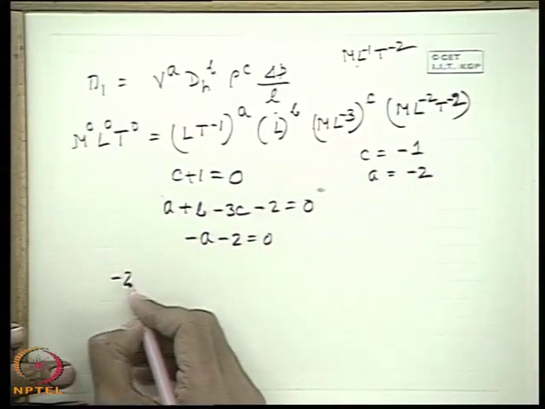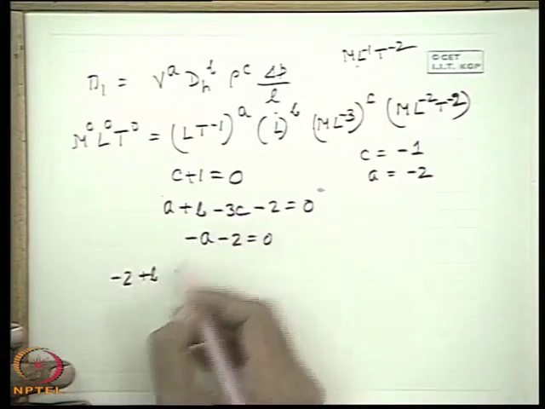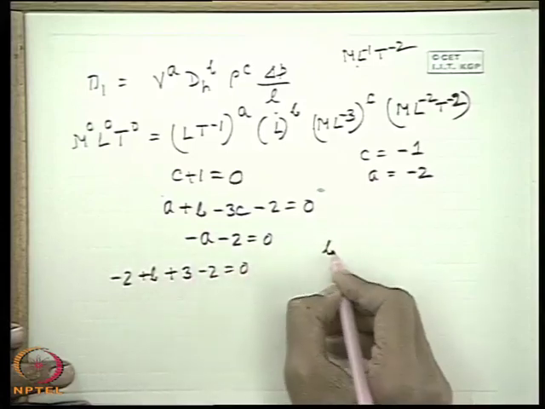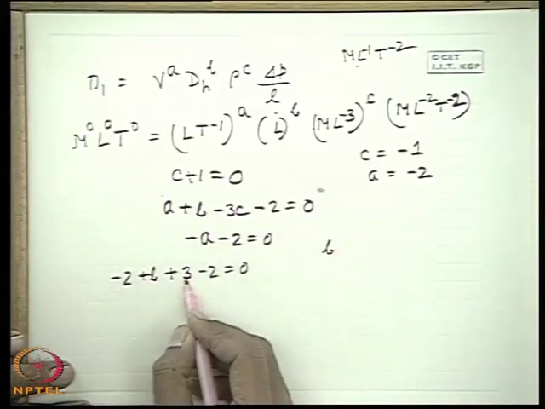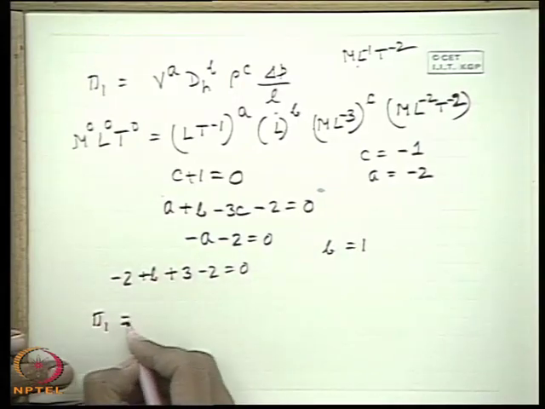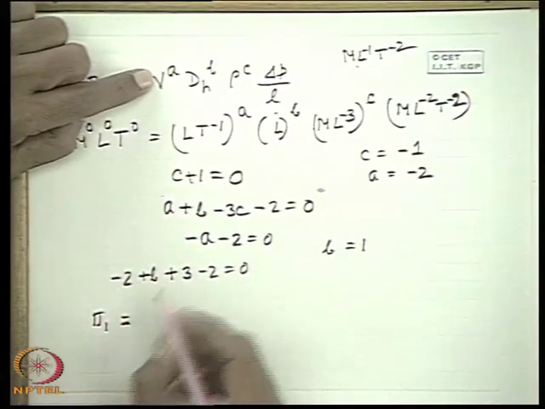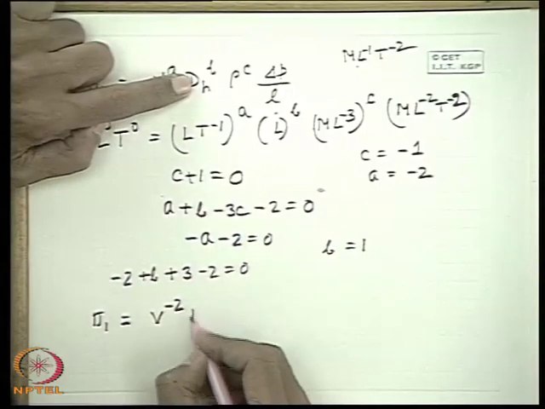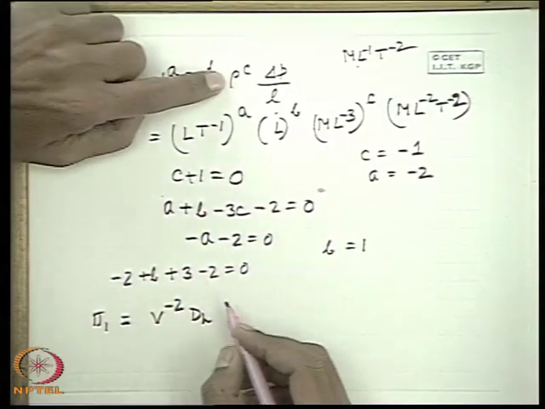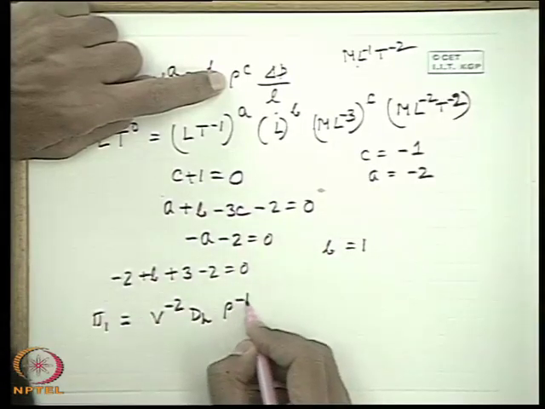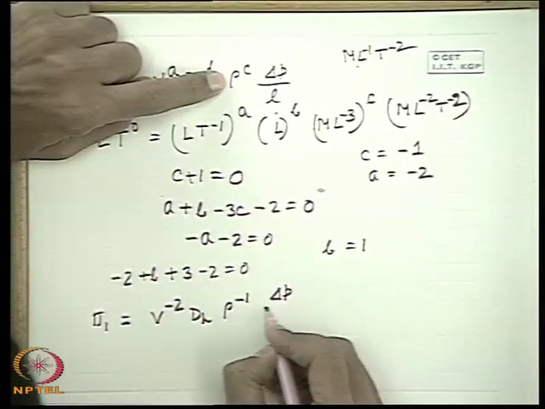So minus 2 plus b, c equal to minus 1 means plus 3, minus 2 is equal to 0. What is b? 3 minus 2 is 1, 1 minus 2, b is equal to 1. So pi 1 will be V to the power minus 2, dH to the power 1, rho to the power minus 1, times delta P by L.